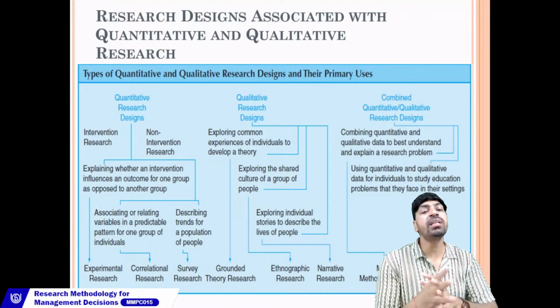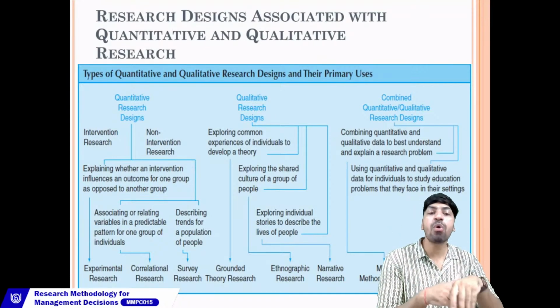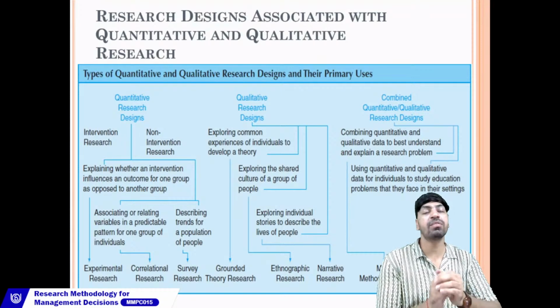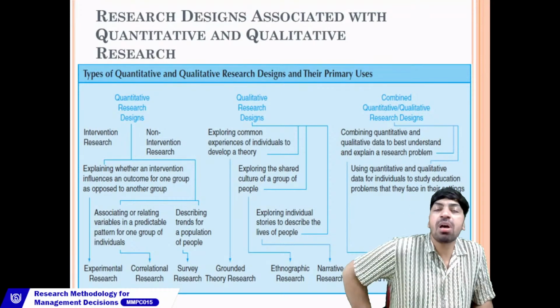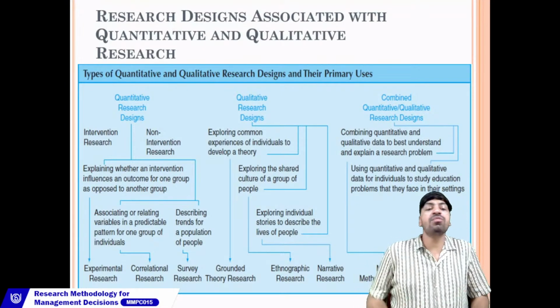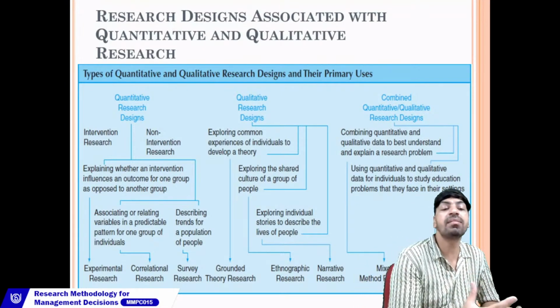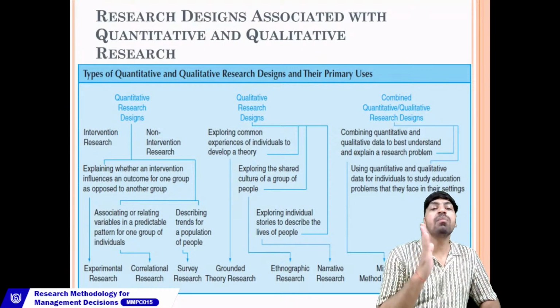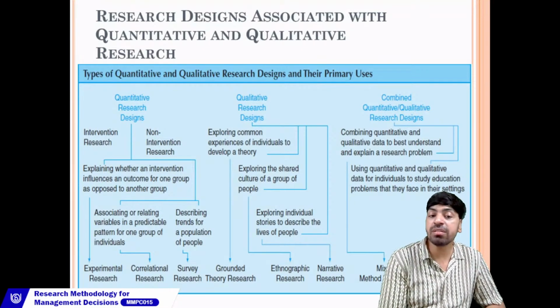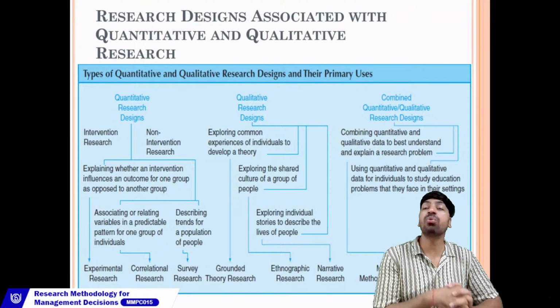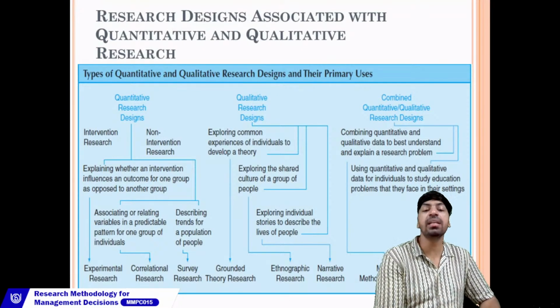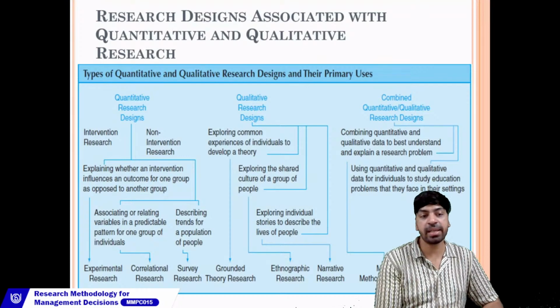The second category is non-intervention research, which is called non-action research. Let's begin. When we talk about intervention research, we talk about the experimental research design. When we talk about non-intervention research, we talk about two research designs, that is the correlational research design and the survey research design.